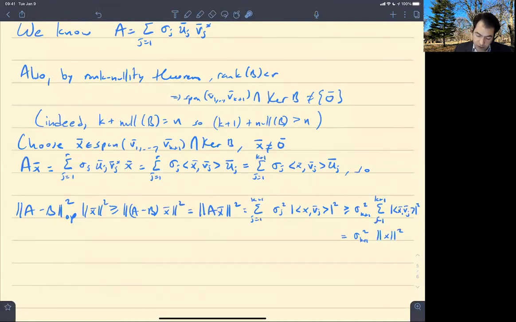Okay, but now let's look at what we have. We have the operator norm of a minus b squared times the norm of x squared, bounded below by sigma k plus 1 squared times the norm of x squared. The norm of x is a strictly positive number, so if I divide by it, I can cancel it off from here.